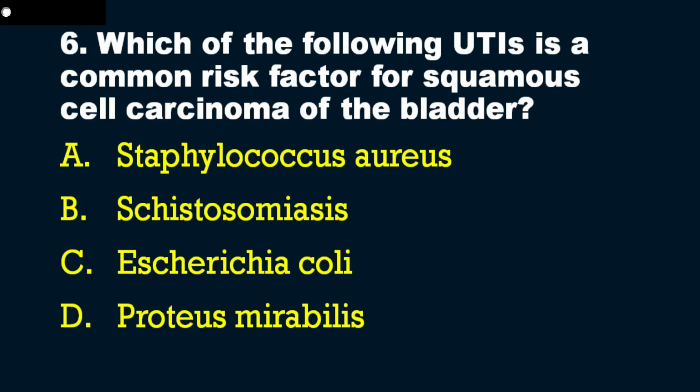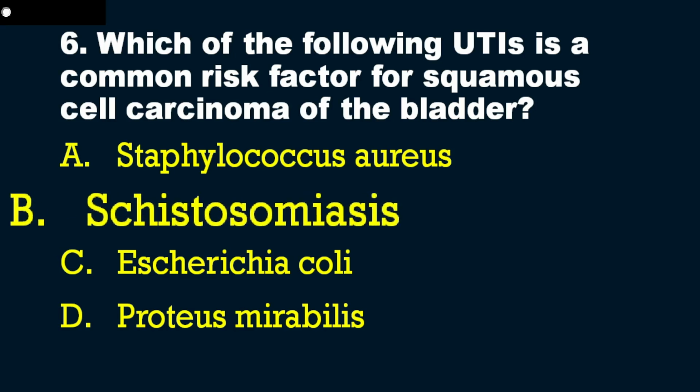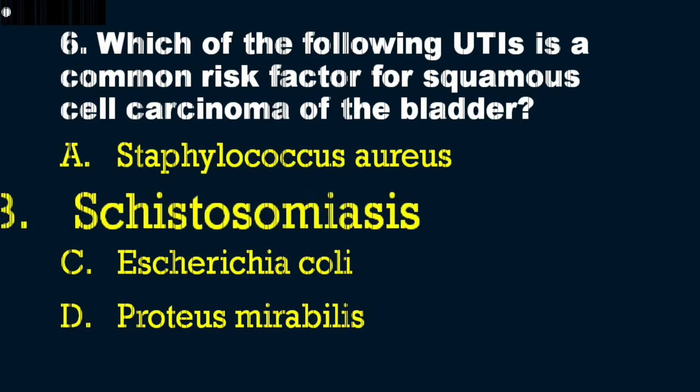You can expect two types of questions from this. The first will be: which is the common organism for the development of UTIs? The second will be: which among the following organisms can cause UTI-associated squamous cell carcinoma, that is, bladder carcinoma? Here the answer is option B, schistosomiasis.